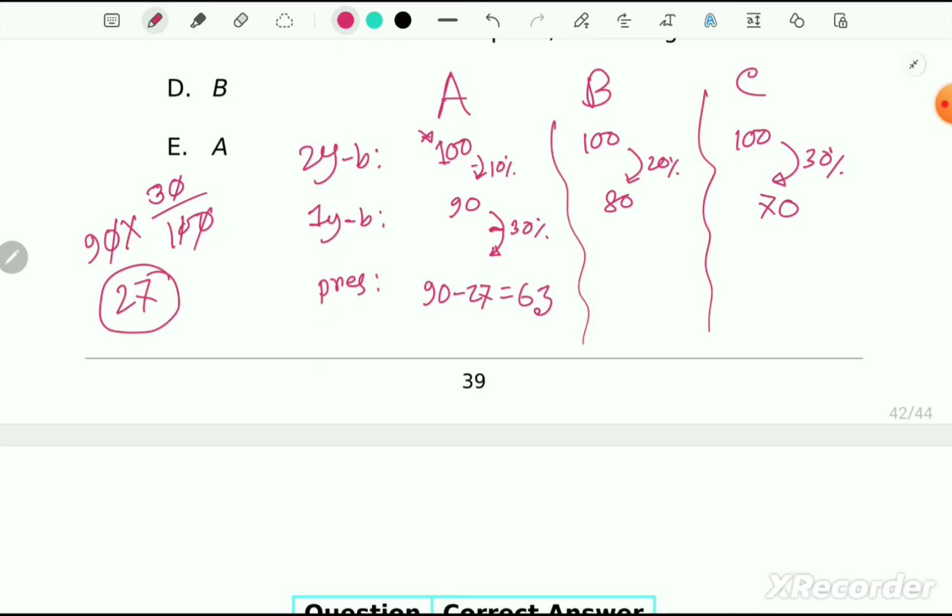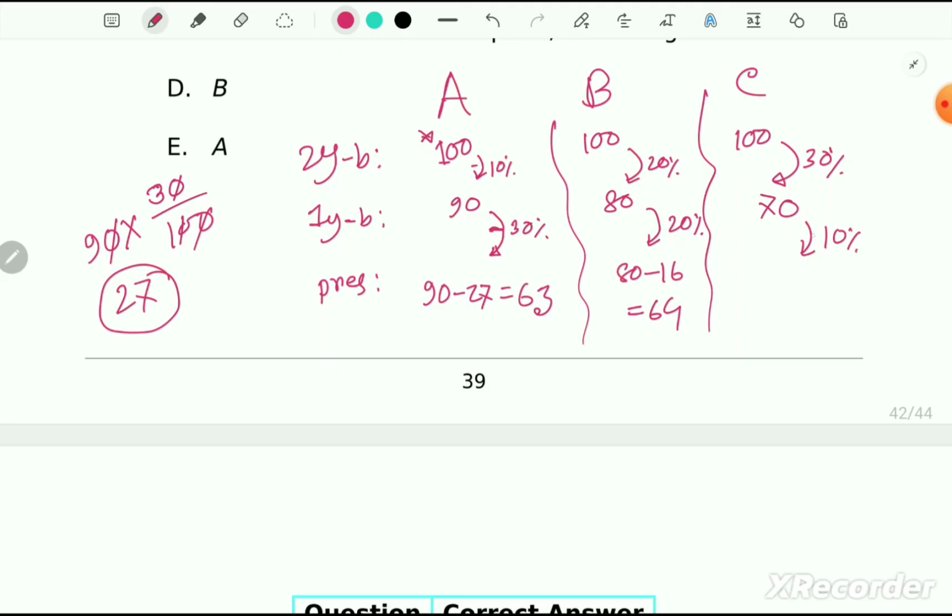Okay, in case of B, it reduced by 20%. So 20% of 80 is 16. So 80 minus 16, it becomes 64. And C reduces 10%.